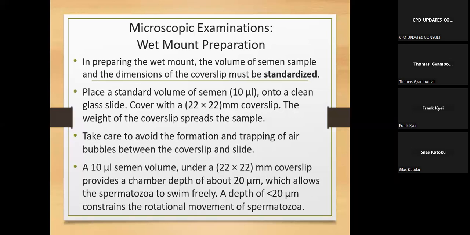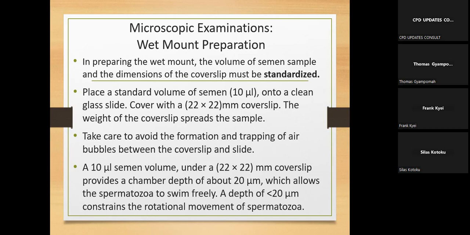I'm saying that you put a 10 microliter drop, with a volume of 10 microliters, on a slide, and then you apply a 22 by 22 cover slip on it.